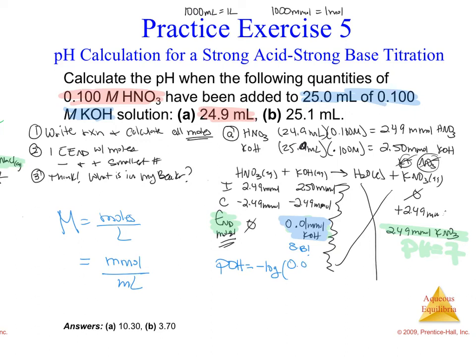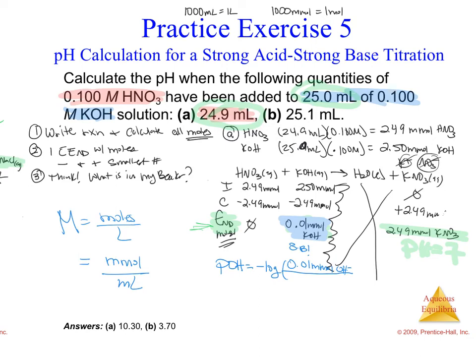So I have 0.01 millimoles hydroxide for every, and now what's the total volume in my beaker? So the total volume in my beaker at the end, well, I added my 25 mils of the base that was in the beaker plus 24.9 milliliters of the acid.